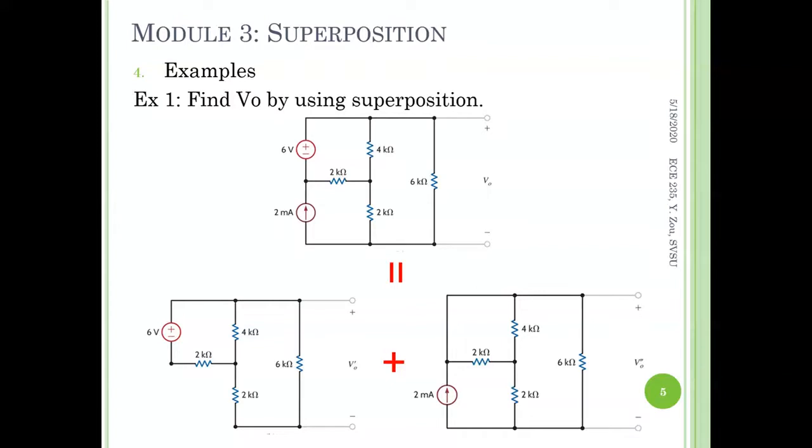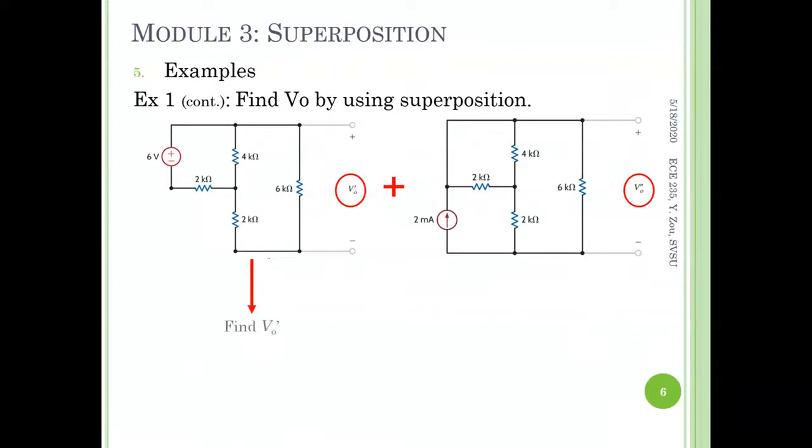The next idea is, since we are looking for V naught, in the first circuit we are looking for the contribution to V naught from this 6 volts voltage source individually. And in the second circuit, we are looking for the contribution to V naught from this individual current source.